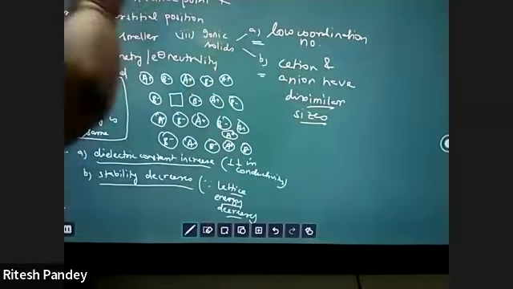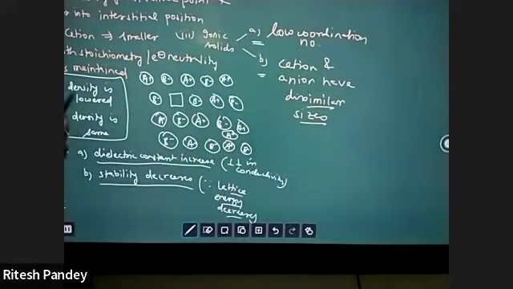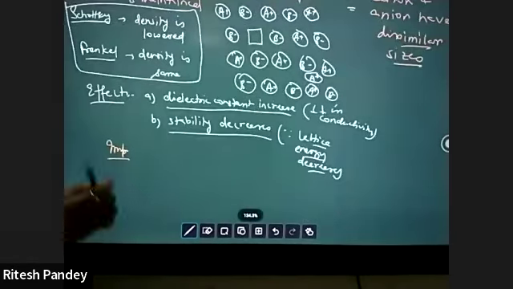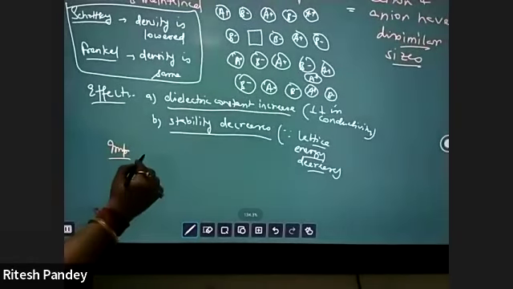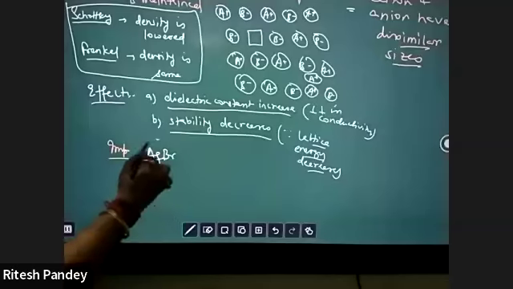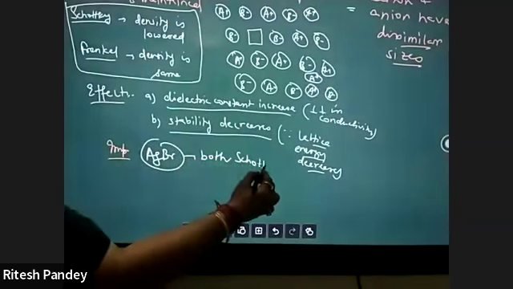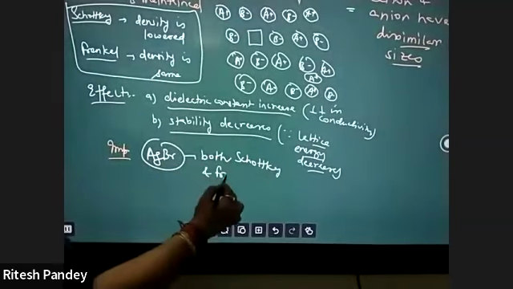In Schottky, the coordination number was high and the sizes were similar, whereas in Frenkel, the coordination number is low and the cations and anions have dissimilar sizes. One important piece of information, and you'll want to note it down, is that AgBr has both Schottky and Frenkel defects.